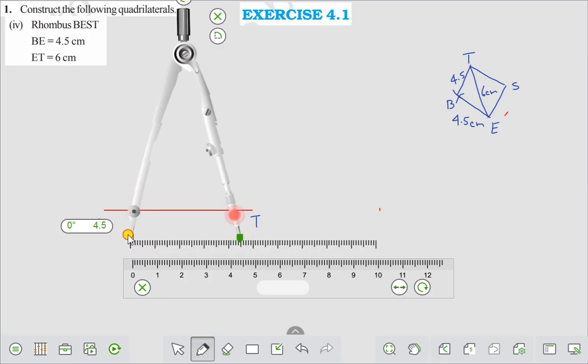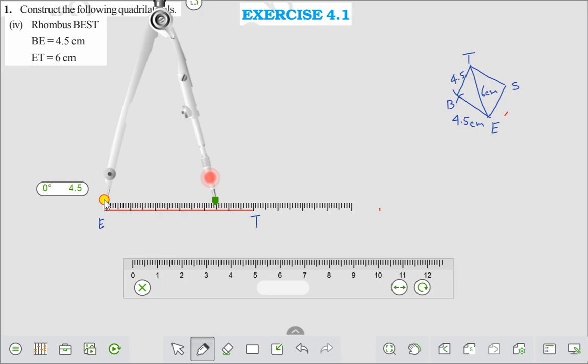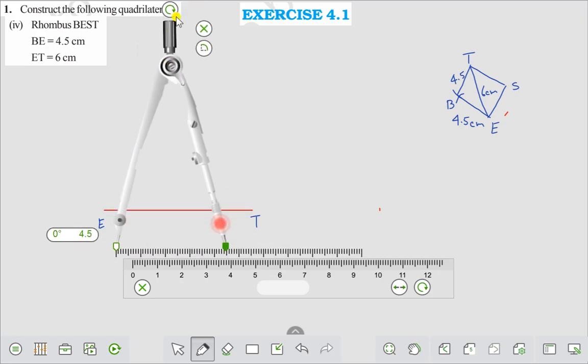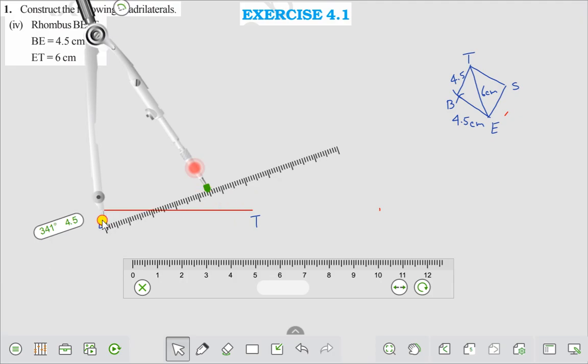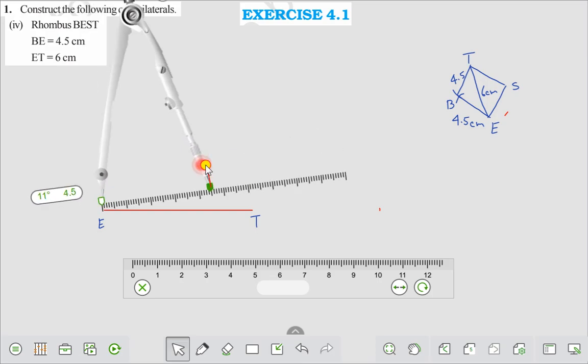Now with E as center, draw an arc here. With E as center, draw an arc here.